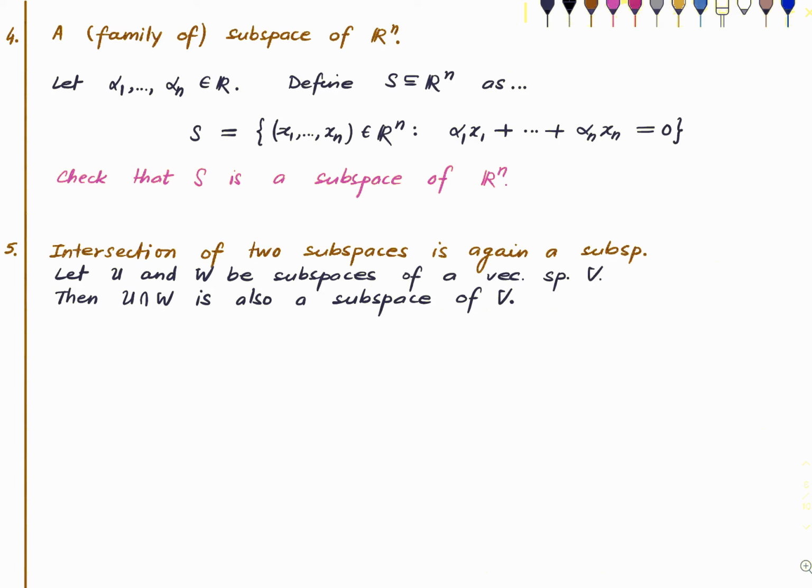That is important. Lastly, I will just expand on this, or maybe I'll call it 5 prime: intersection of any family of subspaces, of any collection of subspaces, is again a subspace.